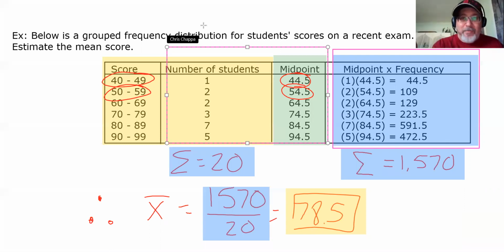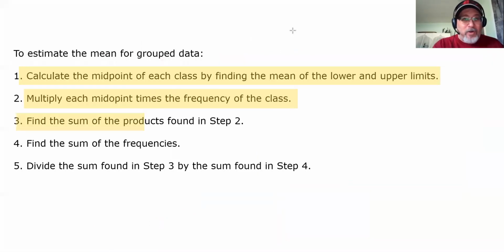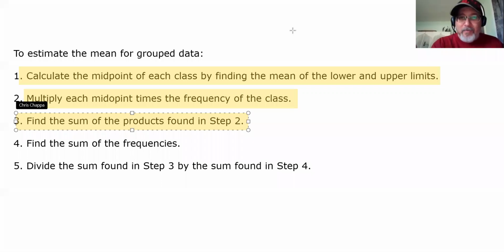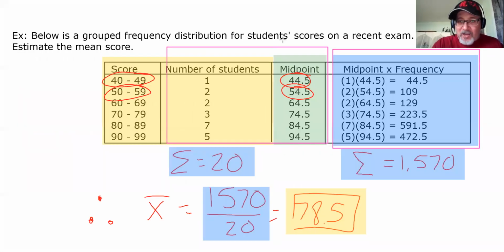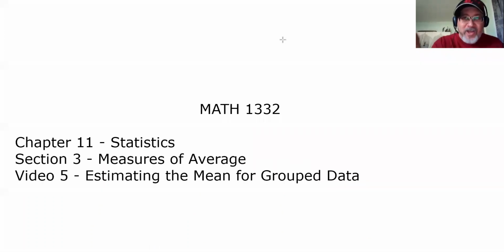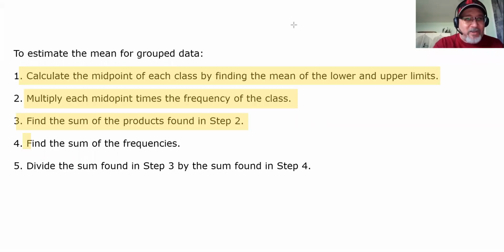Your third step, find the sum of the products found in step 2. In other words, our third step was to add up the last column to get this sum. Your fourth step is to find the sum of the frequencies.